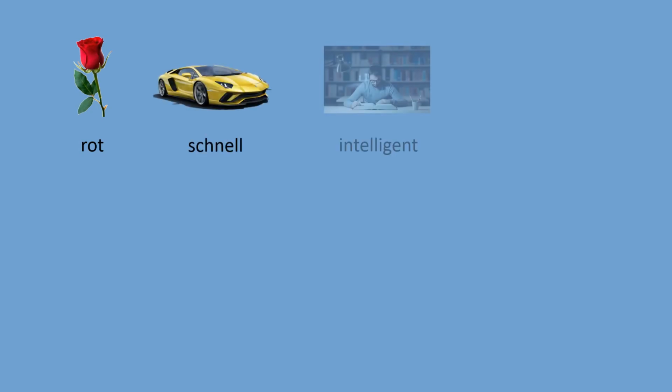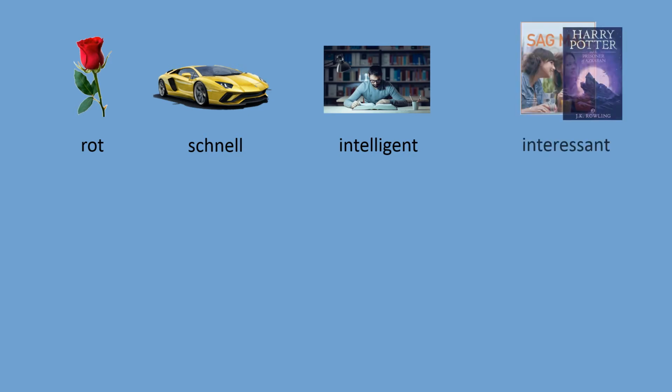Again, these are the nouns we describe: the red rose, fast car, intelligent student, and interesting books. I just picked nouns randomly with different genders and plural forms. Now let us review what kind of der words we know.